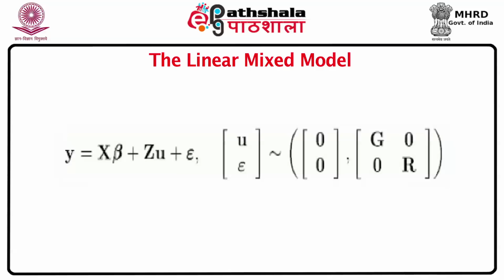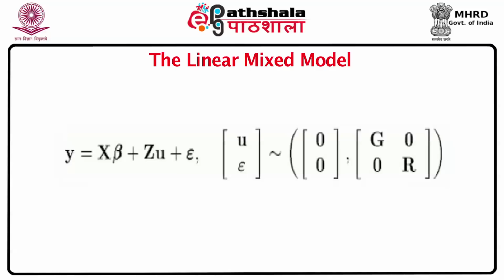Note that for the linear model, y is equal to X beta plus epsilon, where we assume that epsilon follows a normal distribution with mean 0 and variance sigma squared I. Typically for purposes of inference, epsilon is assumed to be normal. It is not strictly necessary, because even if epsilon is not normal, the inferences follow from the least squares. In any case, here I have introduced an additional component of the design matrix.